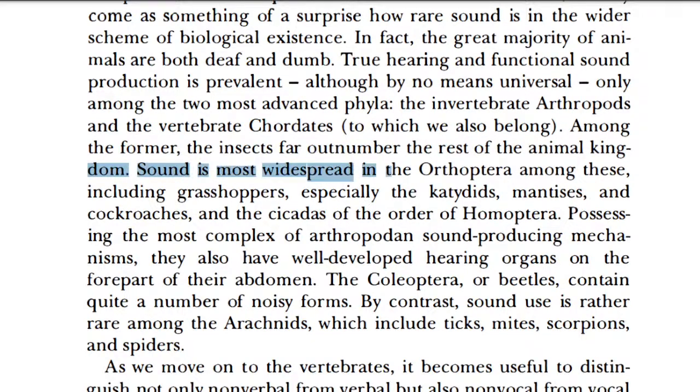Sound is most widespread in the Orthoptera, among these including grasshoppers, especially the katydids, mantises, cockroaches, and the cicadas of the order Homoptera, possessing the most complex of the arthropodian sound-producing mechanisms. They also have well-developed hearing organs on the forepart of their abdomen.